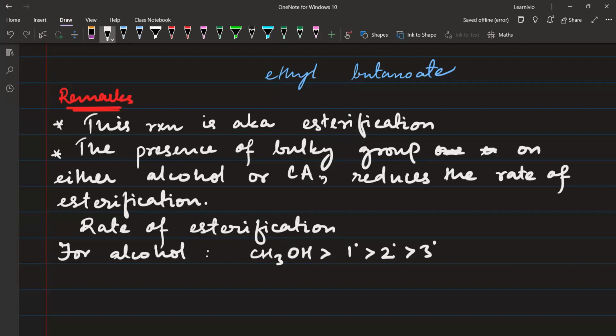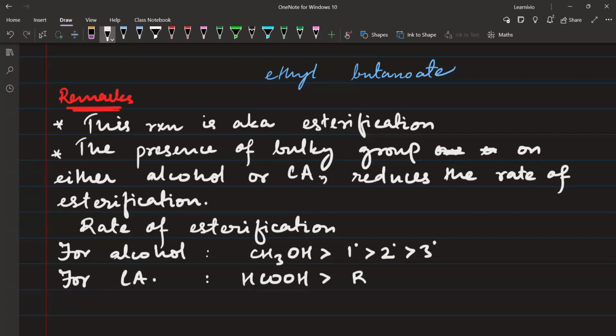Similarly for carboxylic acid, which is the lowest carboxylic acid? The lowest carboxylic acid is HCOOH. There is nothing known as 1 degree or 2 degree carboxylic acid, but you can understand a little.